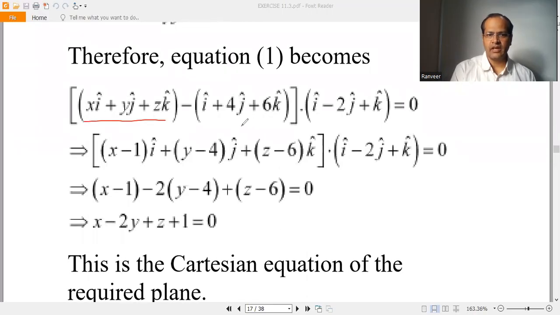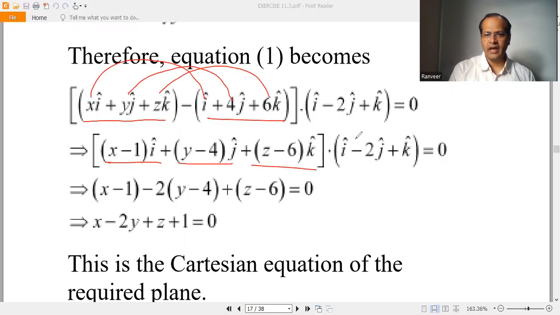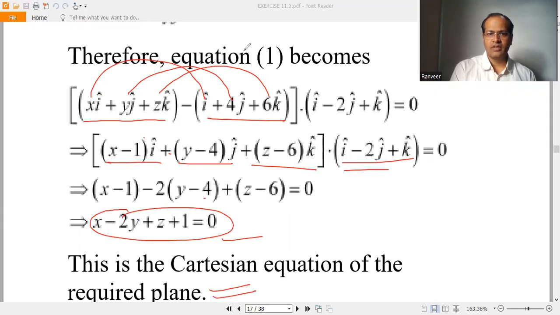First of all, after doing the calculation, this is x minus 1 i, y minus 4 j, z minus 6 k, dot i minus 2j plus k. So this is x minus 1, minus 2 times y minus 4, plus z minus 6, from the product of these values. So this is the Cartesian equation of the required plane.